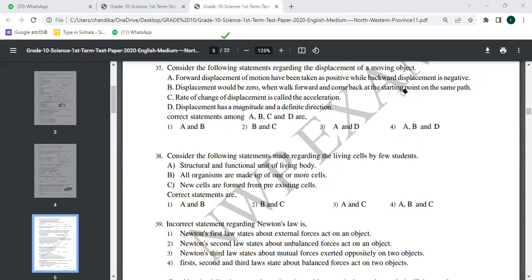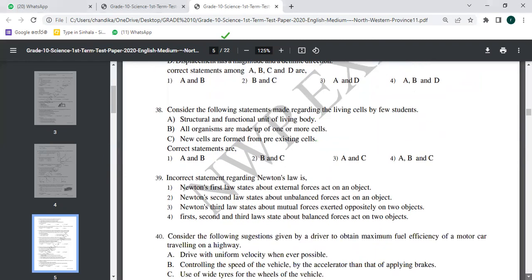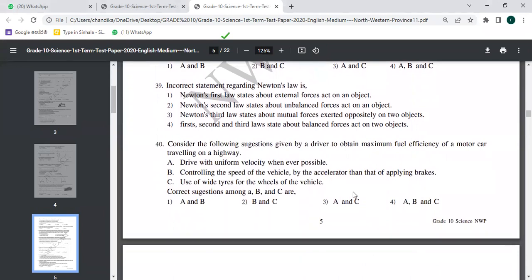Then question number 39, right? Incorrect statement regarding Newton's law. Newton's first law states about external forces acting on an object.